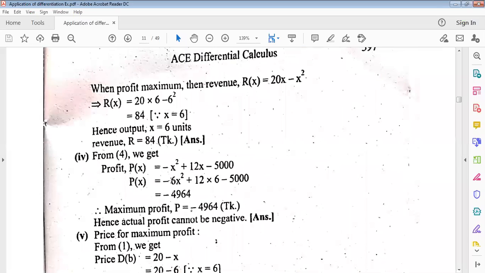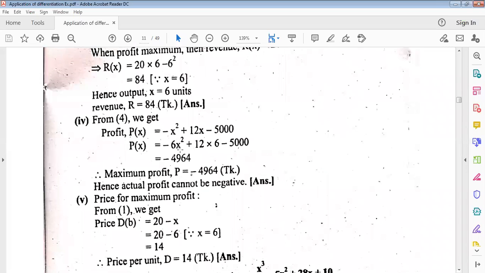There is a mistake: this will be minus 6 whole square, a printing mistake. So we get 4964. This is the total profit, and the maximum profit will be this. Actually profit can never be negative, so we omit this sign, and the result is 4964.